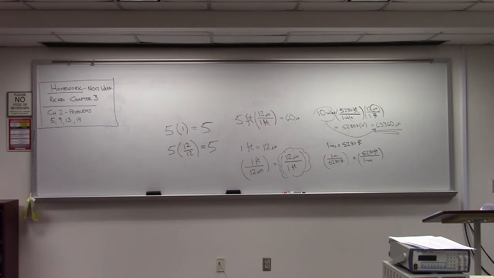So resistivity is rho, and resistance equals rho L over A. It is right here. Resistivity is an intrinsic property.